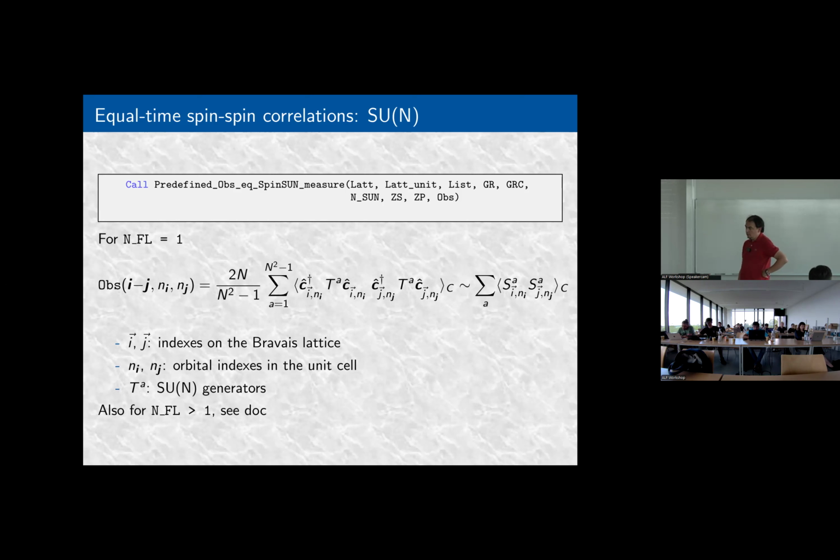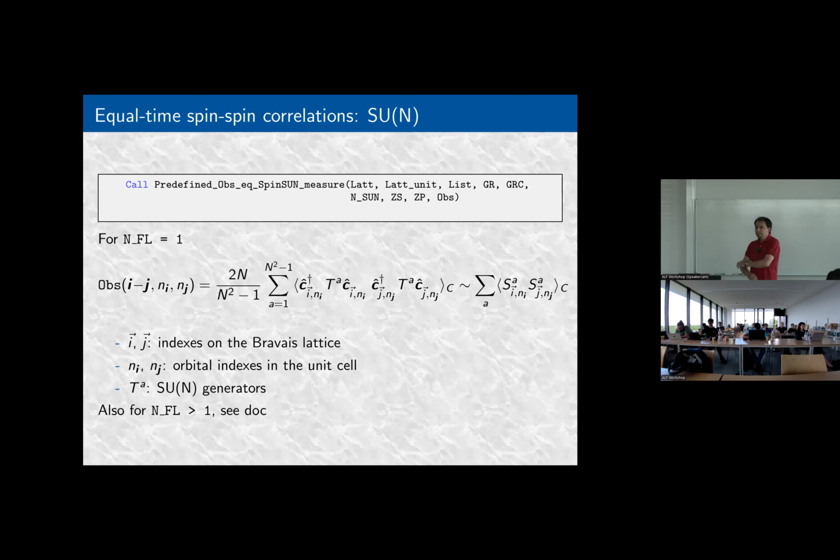Yes, it's equal time, but at this specific time slice. So may it be different from the expectation value of C dagger 0, C 0? The G00 on average not, but on a specific Hubbard-Stratonovich configuration, yes. Okay. You break the translational symmetry in time. Okay, thank you.